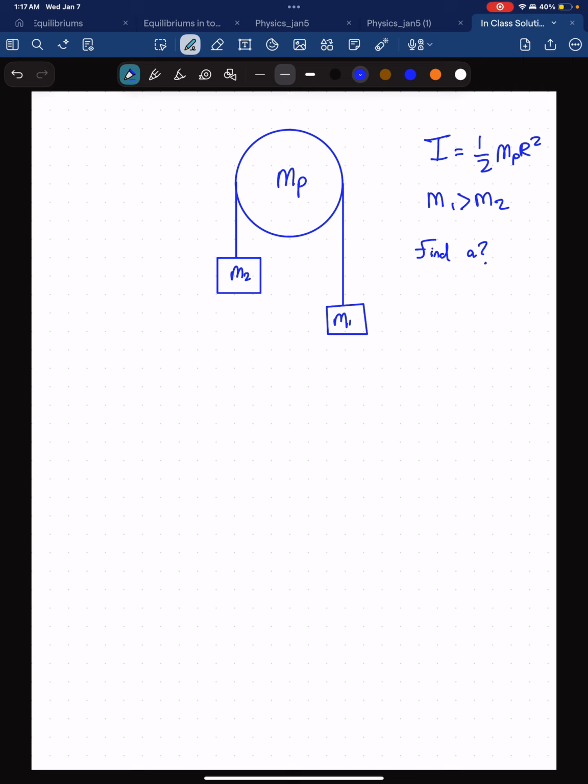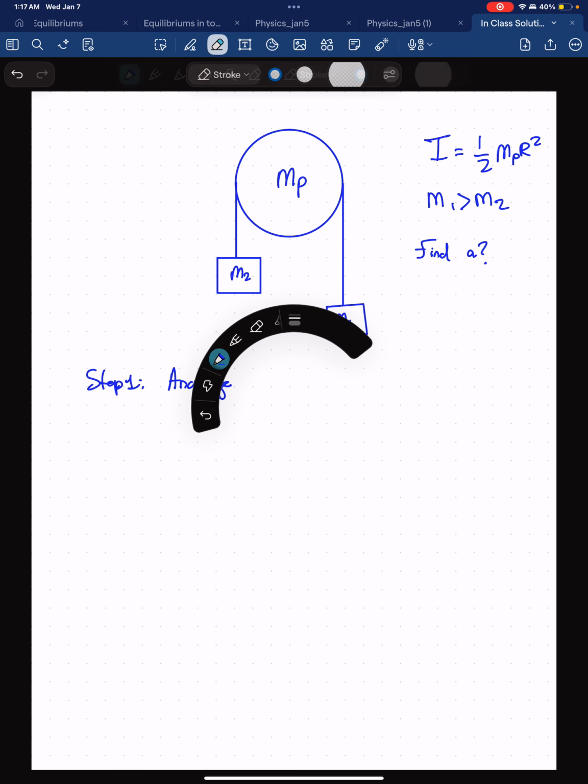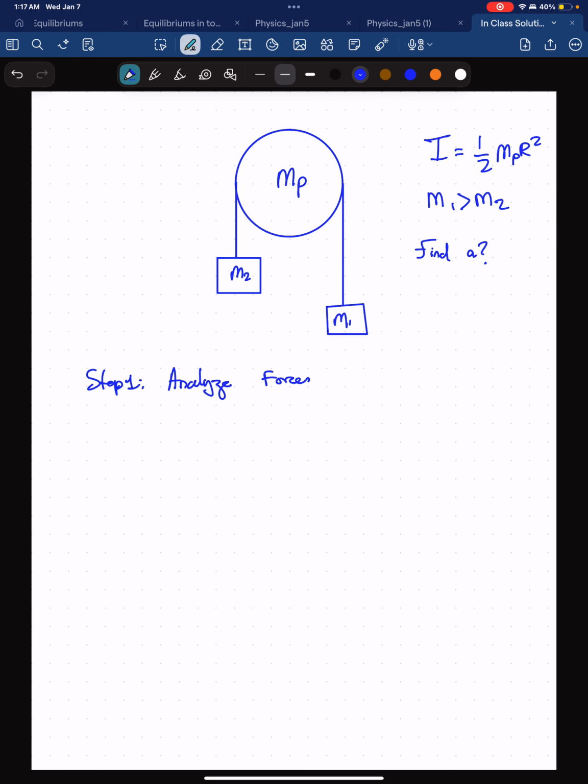So now, step one is to analyze motion, or let's see, analyze forces on the masses.